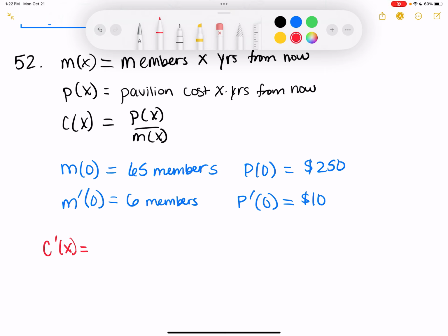Which one's first? Is it the top one prime first? So we have P prime of X times M of X minus M prime of X times P of X, over M of X squared.